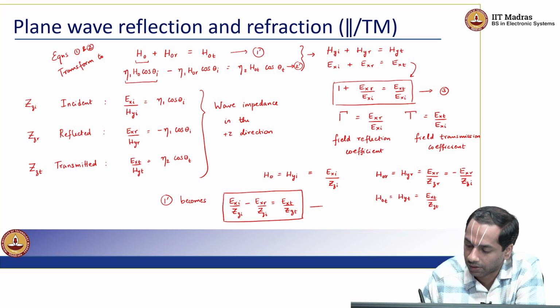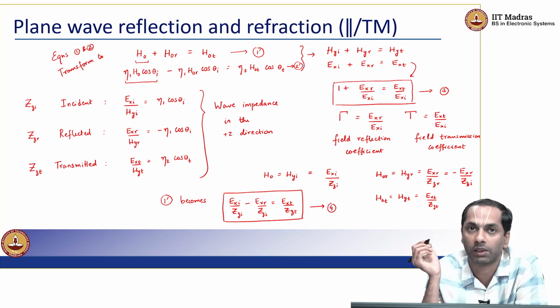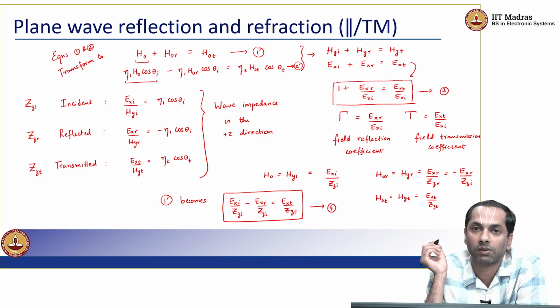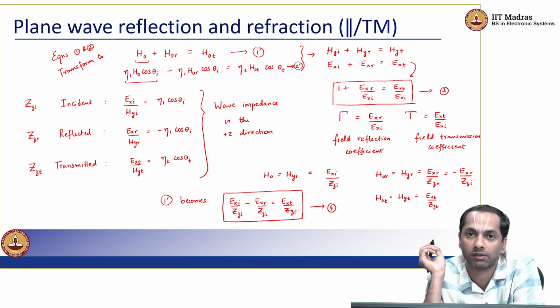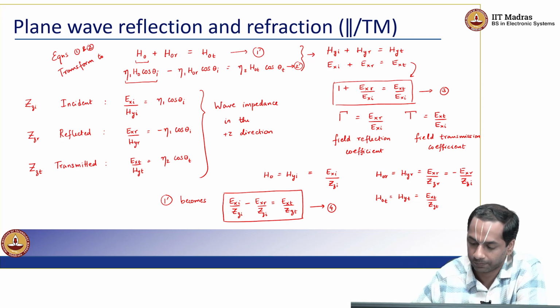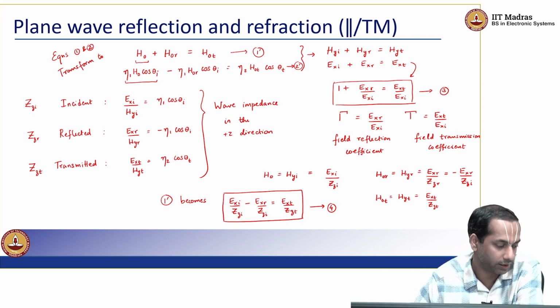So I have just transformed my 1 prime and 2 prime equations, which were in the variables H0r and H0t, to Exr and Ext. That's all I have done. But there's a reason I have done this. We'll come to know very shortly.